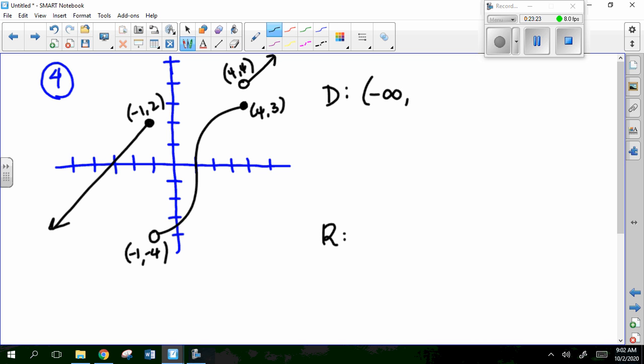And then as I trace my graph towards the right, I get to a closed point at -1. Now, don't write that down yet, because I need to see what happens after -1, to see if I need to stop my interval or can I keep going. Right now, this would be a closed bracket on -1.